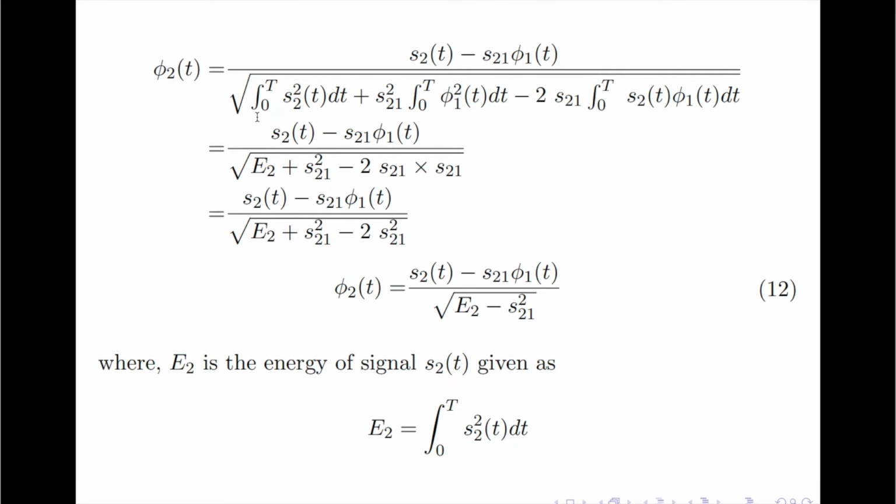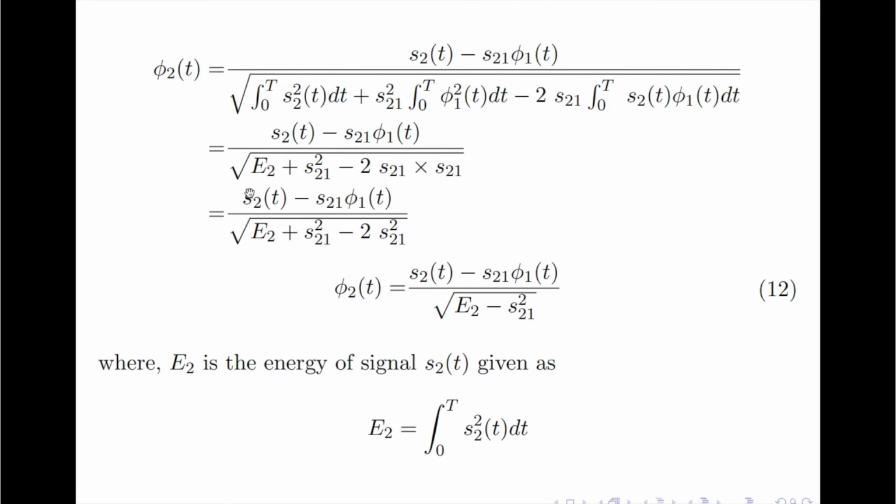That is, we are going to have in the denominator square root of integral 0 to capital T S2 square of t dt, which is the energy of S2 of t, plus S21 square into integral 0 to capital T phi 1 square of t dt, which is 1, minus 2 into S21 multiplied by S21. So, in the denominator we have E2 plus S21 square minus 2 into S21 multiplied by S21, which is 2 into S21 square.